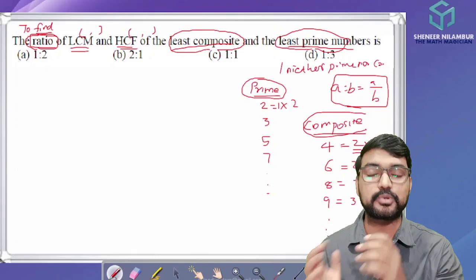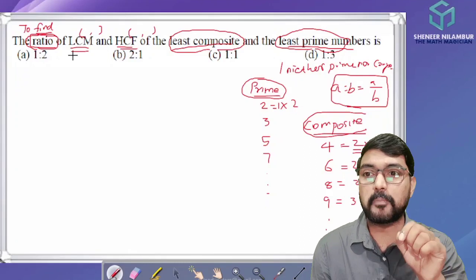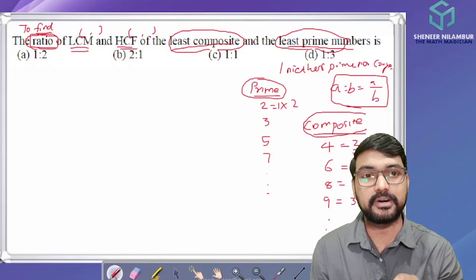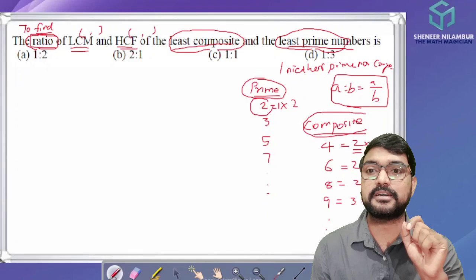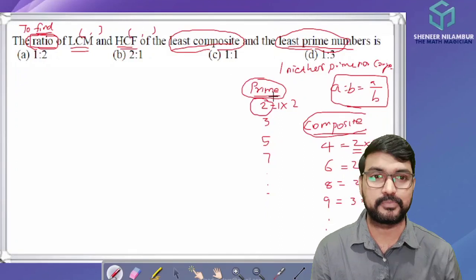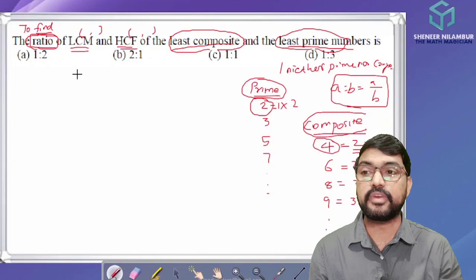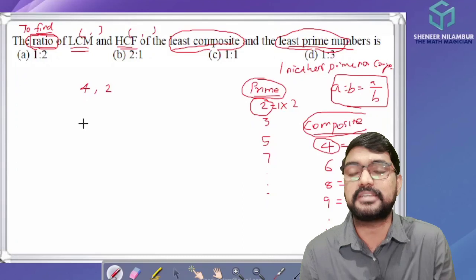Now we can come to our question. We have to select the least composite and least prime number. Among the prime numbers, the least one is 2 and the least composite number is 4. So we got two numbers, 2 and 4. Now we have to find their LCM and HCF. How to find LCM and HCF?